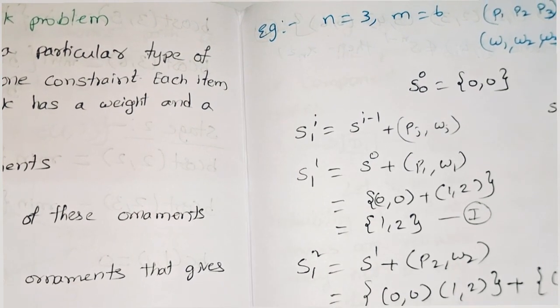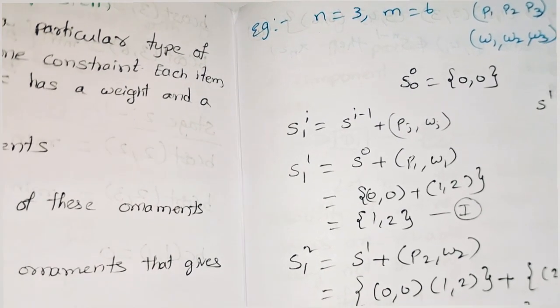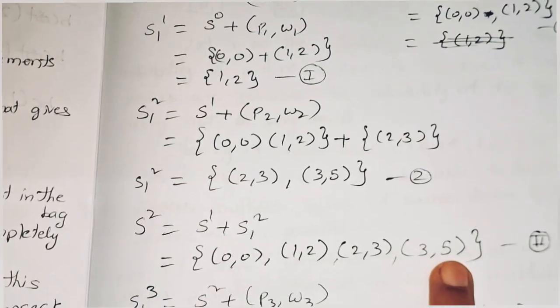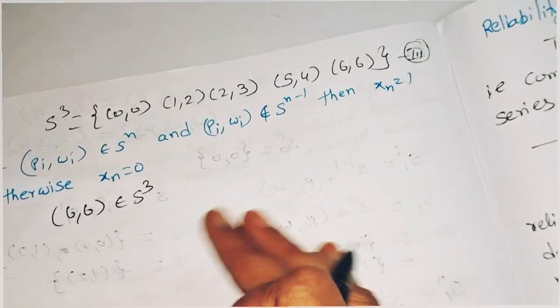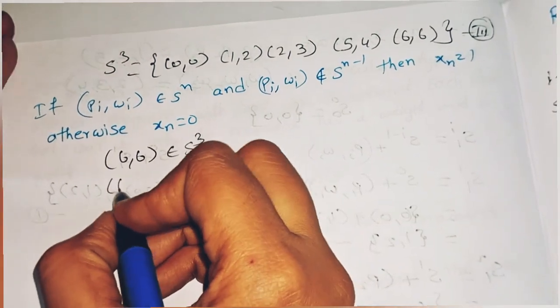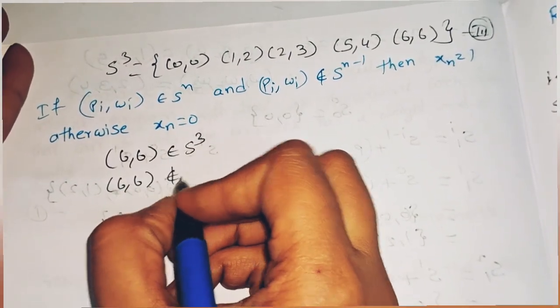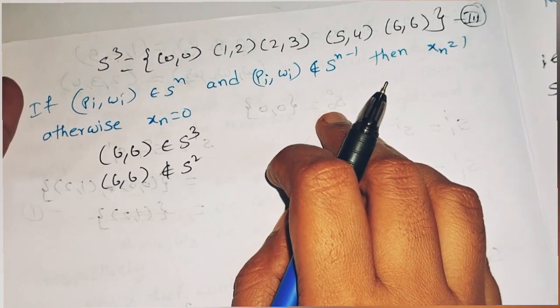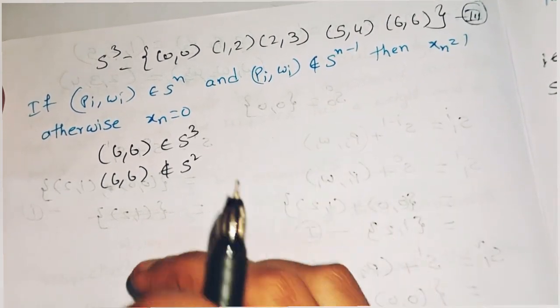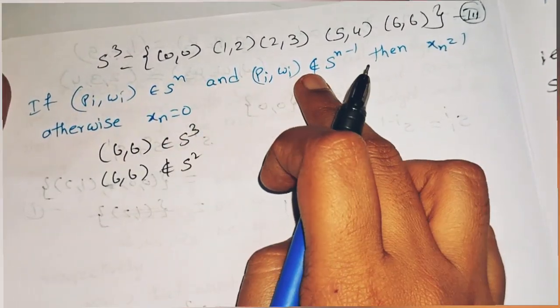So here it is not available in the S2. So 6, 6 doesn't belong to S2. So then what will happen here? X3 is 1. So here this condition is satisfied, right?